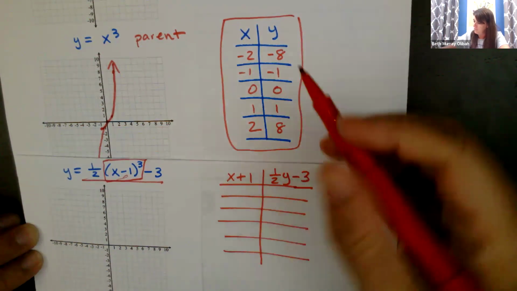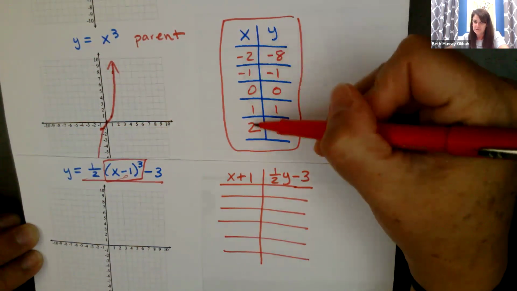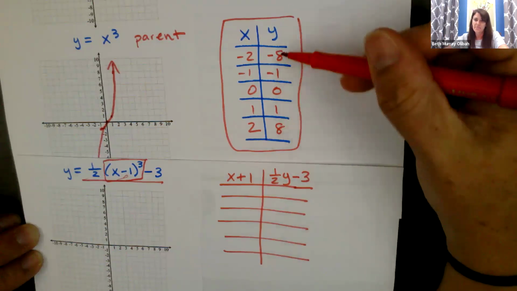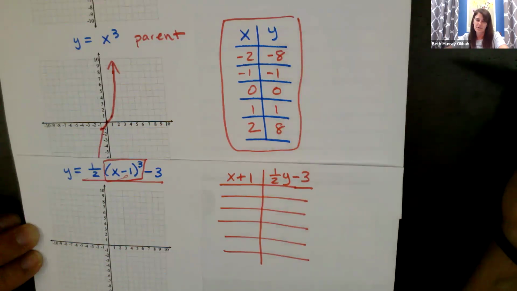So -2, so we're taking these numbers and adding 1. We're taking these numbers and multiplying by 1/2 and subtracting 3.